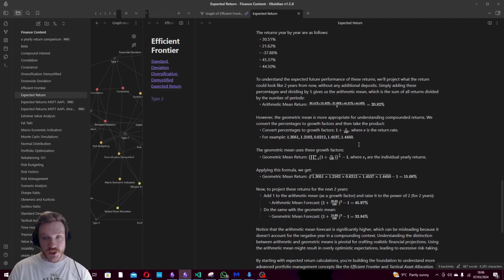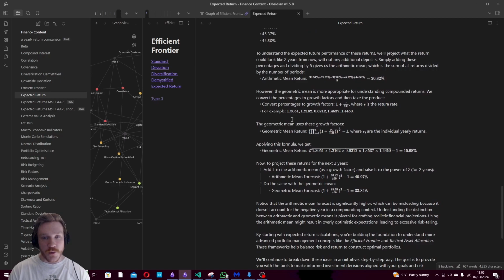But the geometric mean is a bit more complicated. For the geometric mean, we've got to go from addition to multiplication. And to do that, we've got to move from percentages to growth factors. The way you do this is you take your percentage, you divide it by 100, and then you add 1. And that will result in these growth factors given the percentages year by year.